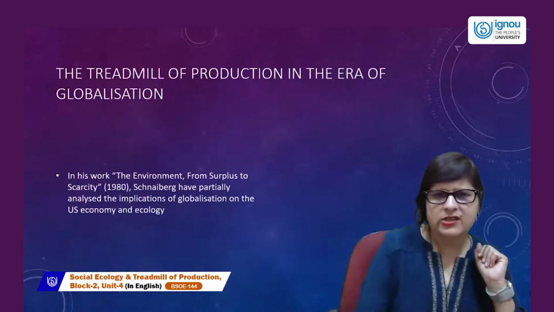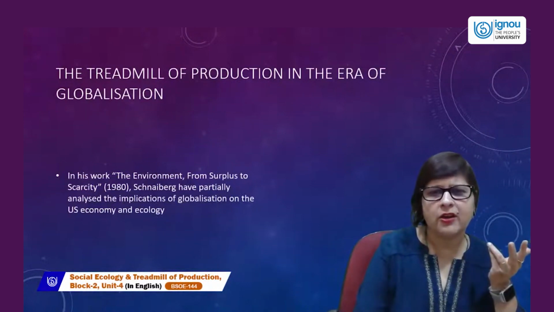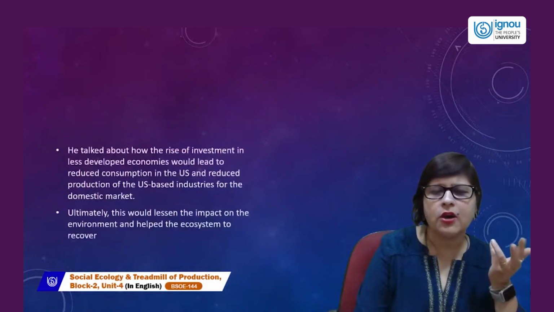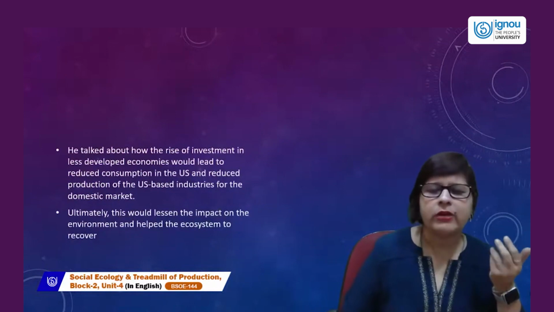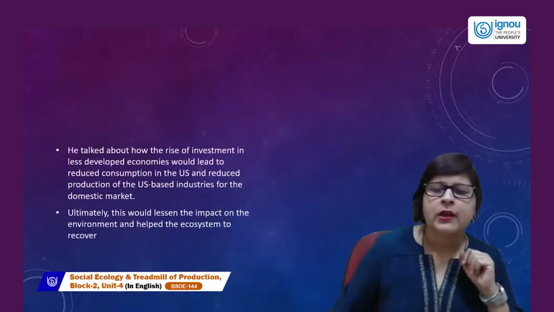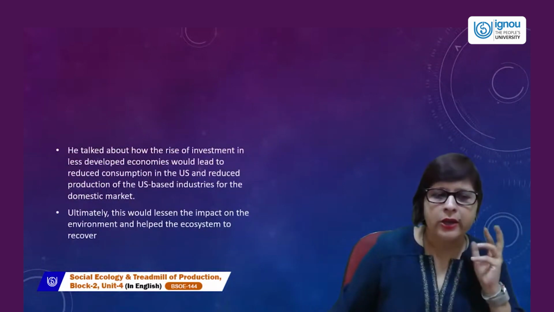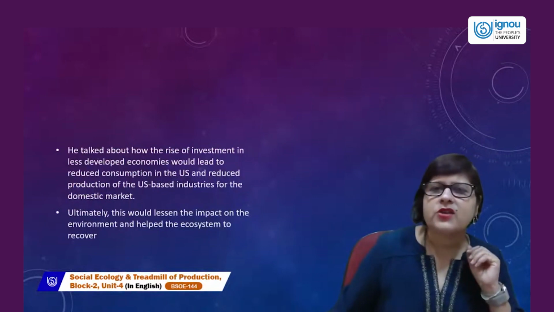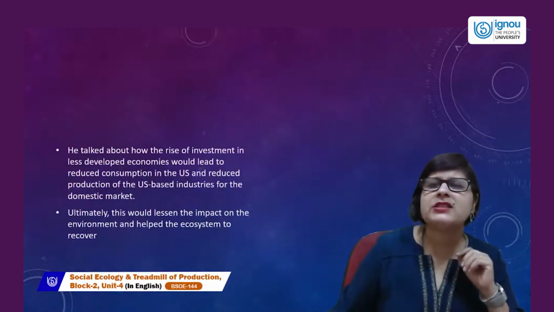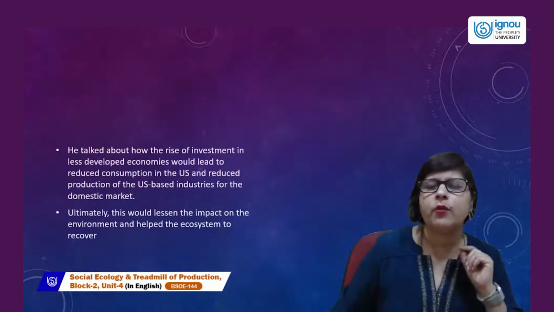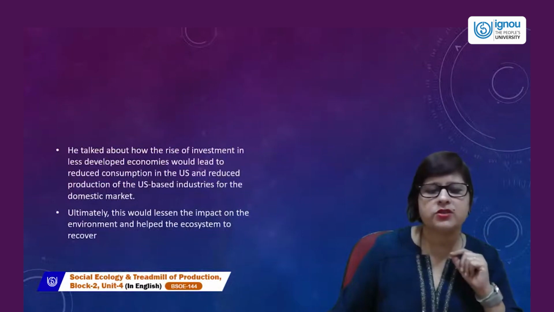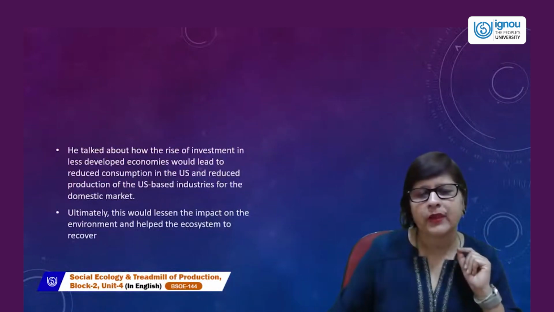How globalization has impacted the economy and the ecology of the US, Schnaiberg tried to discuss this. He talked about how the rise of investment in less developed economies would lead to reduced consumption in the US and reduced production in US-based industries for the domestic market.